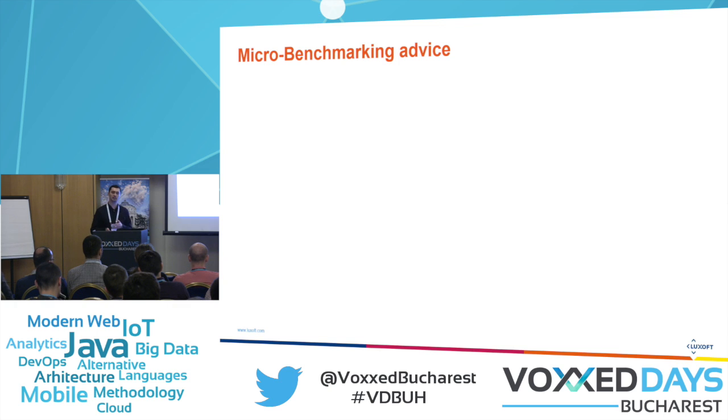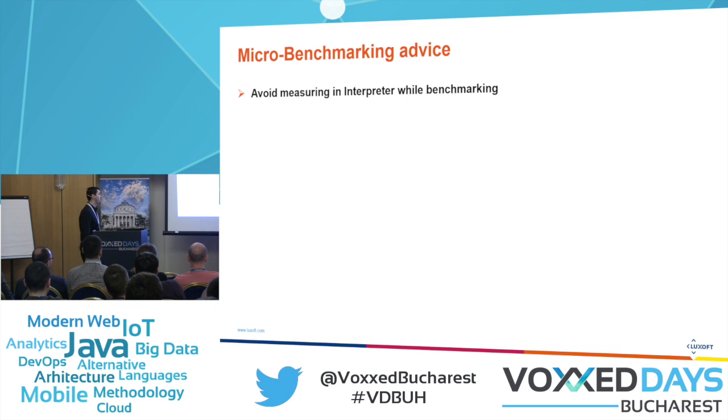I prefer to take all of the questions at the end because I think I'm running out of time. This is the last slide. So just to sum up, I would like to end the presentation with a few pieces of advice. If you are passionate about microbenchmarking, but not only for microbenchmarking, please avoid measuring in the interpreter, because the interpreter is full of noise.